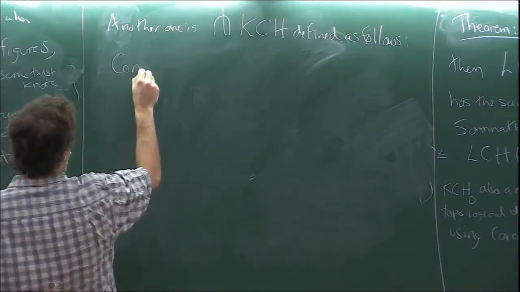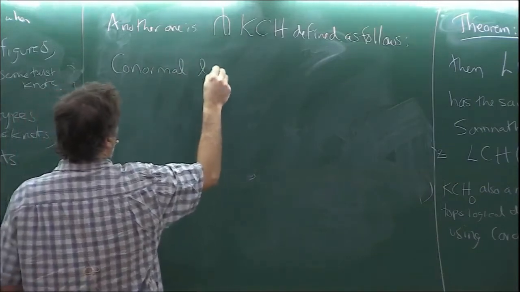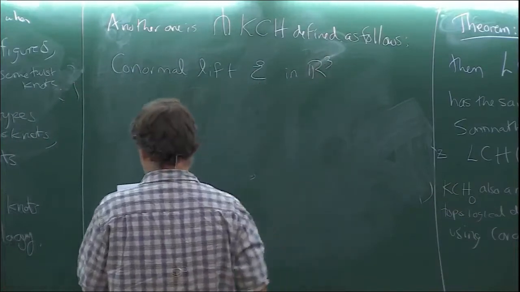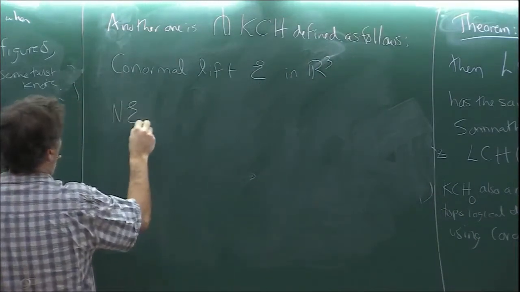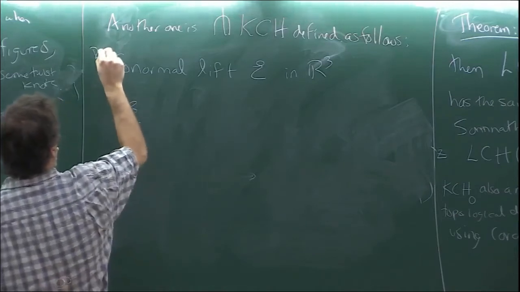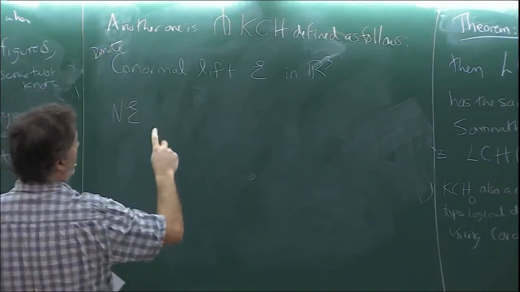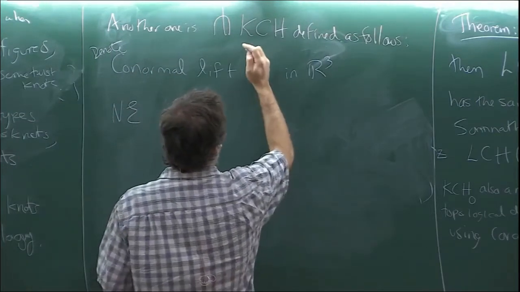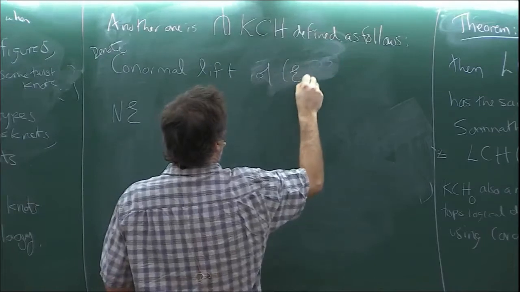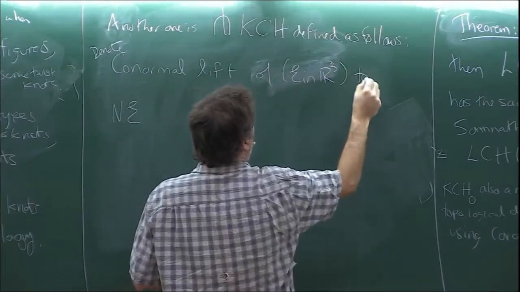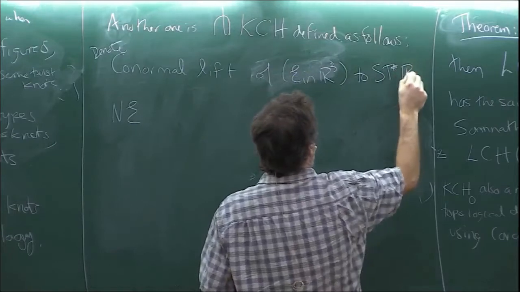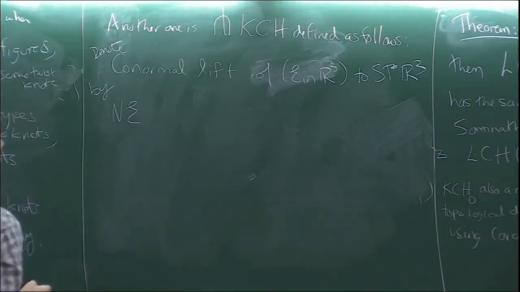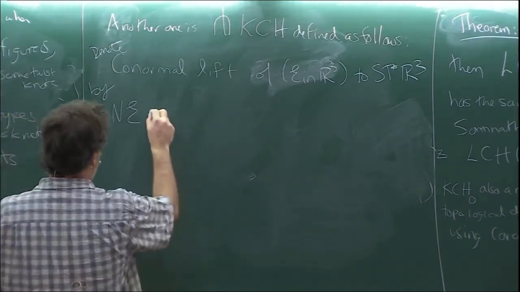Let's take the conormal lift of the contact structure itself. So I'll denote the conormal lift of C in R3 to the unit cotangent bundle of R3 by N_C.